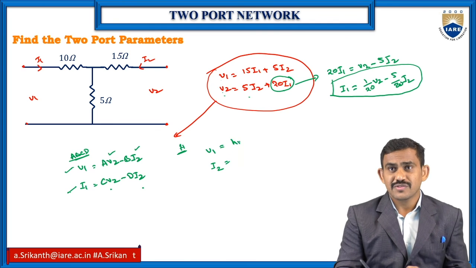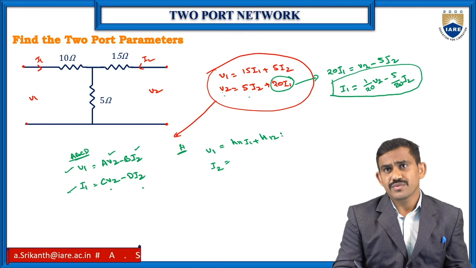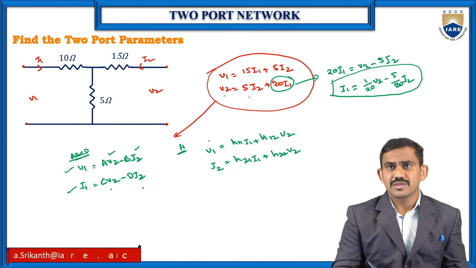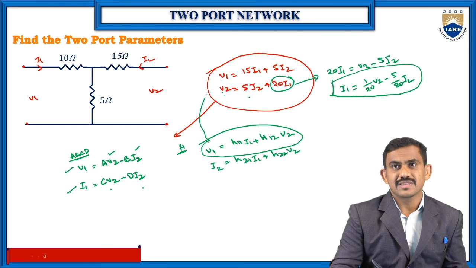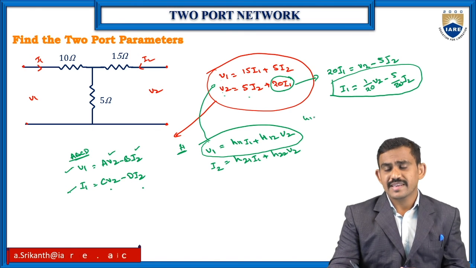V1 equals H11 I1 plus H12 V2, and I2 equals H21 I1 plus H22 V2. If you observe the first equation and compare with those equations, we will get the H11 and H12 values.